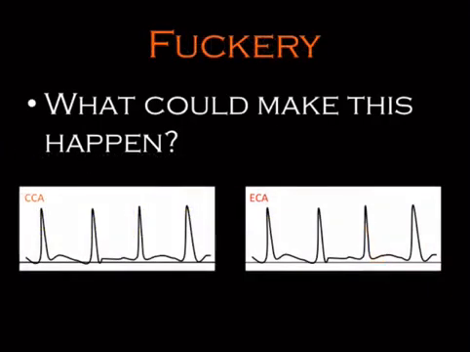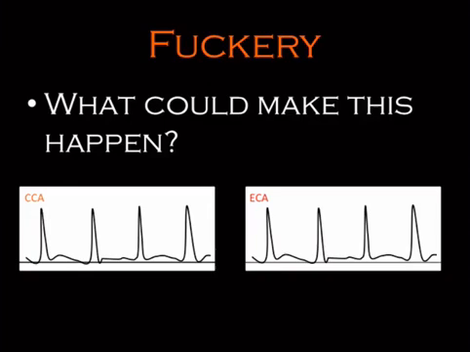So this is sort of something that we talked about earlier. We've got common carotid, not internal carotid, common carotid that looks just like the external carotid. So it's been externalized in its waveform. It's high resistance.